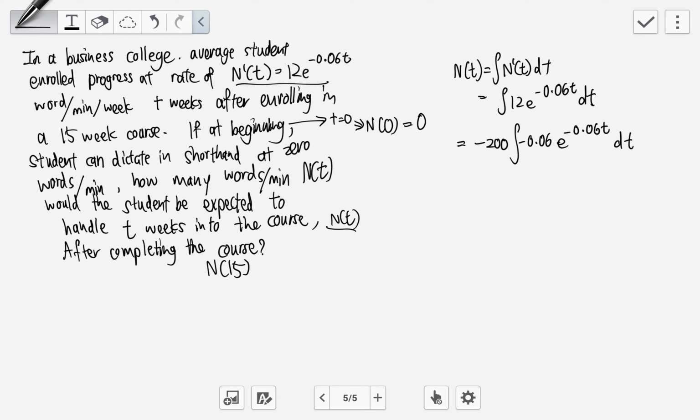So as time goes by, we expect, since the rate of progress is getting smaller and smaller, so as time goes by, the improvement is going to be less and less.